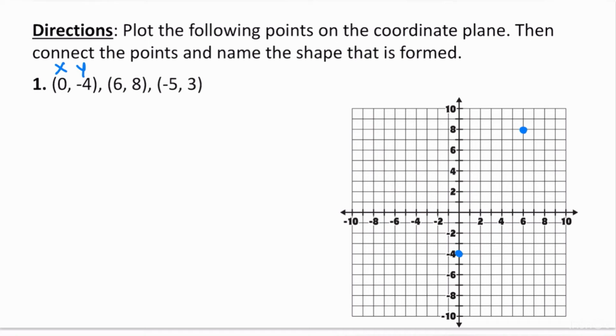And (-5, 3) is right here. So negative 5 on the x-axis and then 3 on the y-axis, and that's where we are. It says to connect these points, so when I connect them, I'm going to see a shape. The shape that we see here is a triangle.